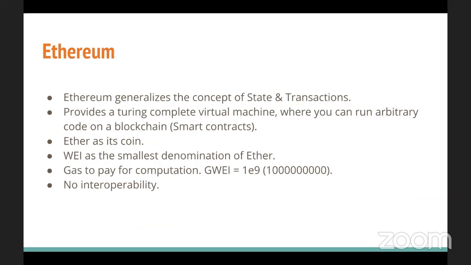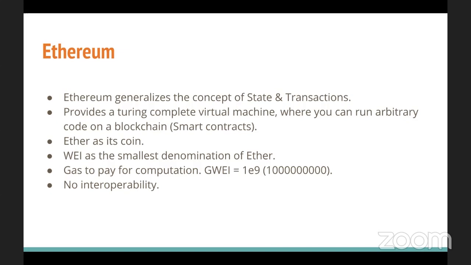As we are using the Ethereum blockchain, I will talk a little bit about this one. Something that is pretty cool related to the Ethereum blockchain is that it generalizes the concept of state and transactions.